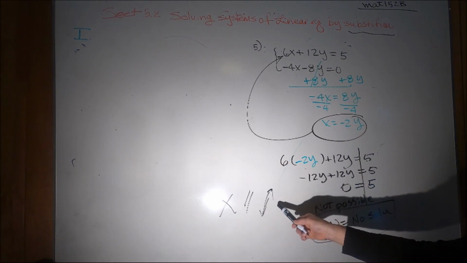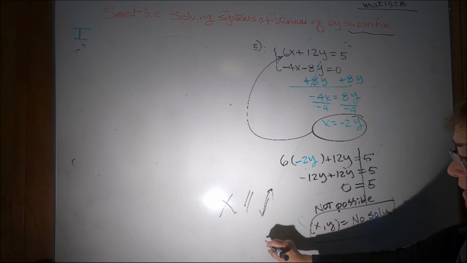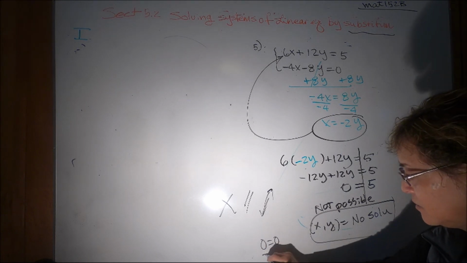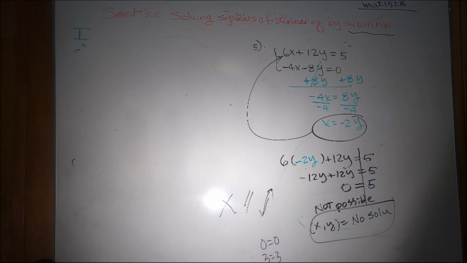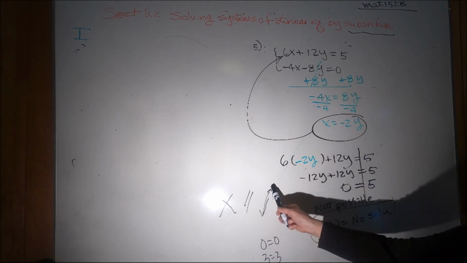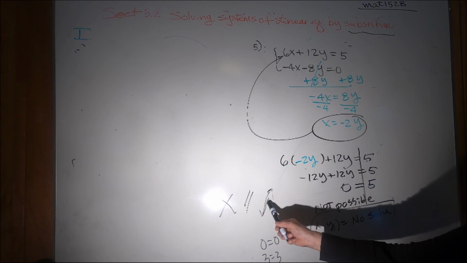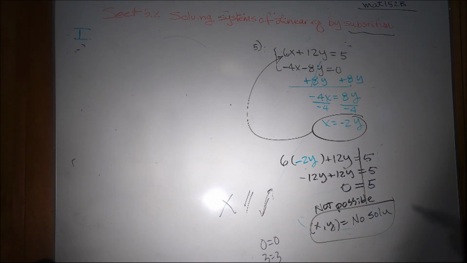Or like another example we have, it's always 0 equals 0, 3 equals 3. Doesn't matter how you put in x and y. Then that means two lines are identical because of this condition. That means you will have infinite solutions. Got an idea? This is section 5.2.